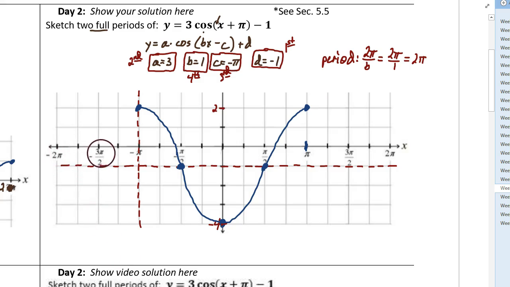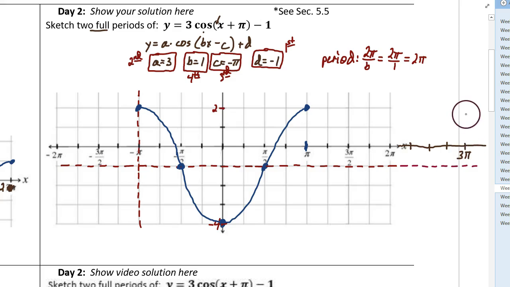Using the labels that were already on the axis line, we're supposed to draw 2 periods, so we need to extend the axis. 1, 2, 3, 4. This would be 3 pi. Let's also extend our dashed horizontal center line. And now find more dots.